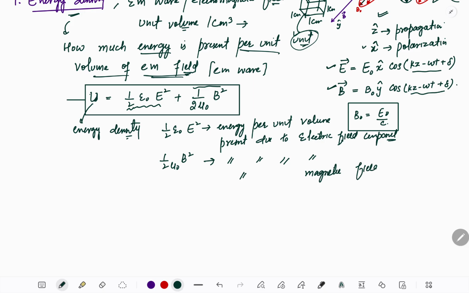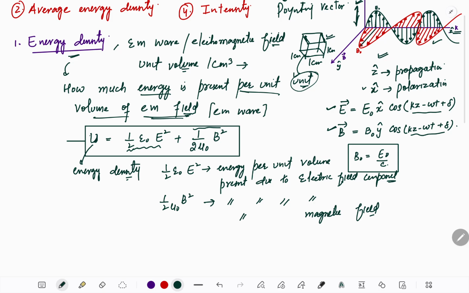Magnetic field, because when we take any one unit volume somewhere, both the electric field and the magnetic field should be there, because it is actually oscillating.